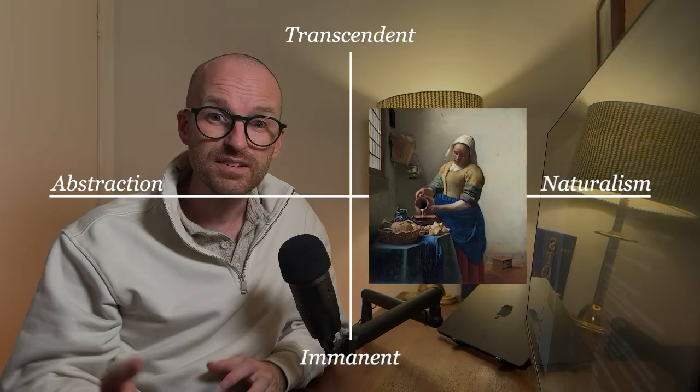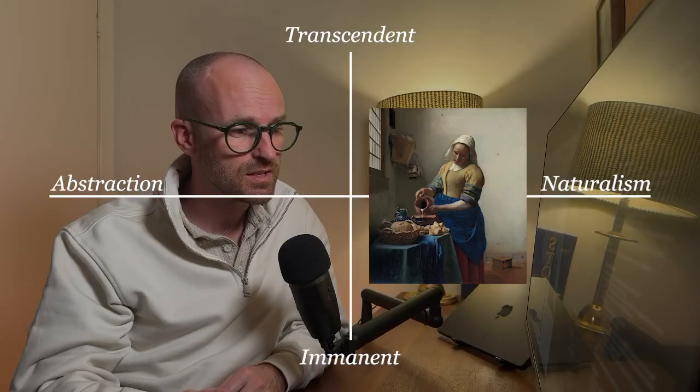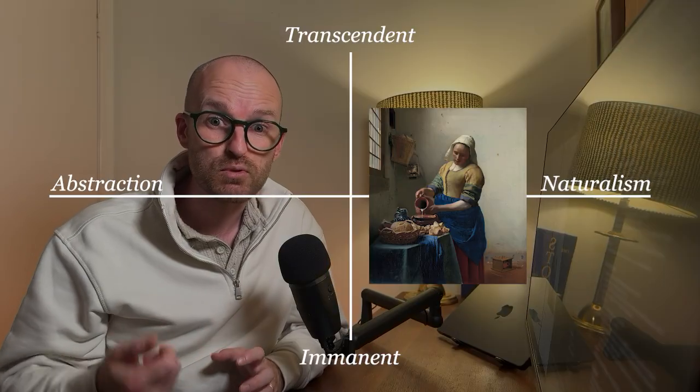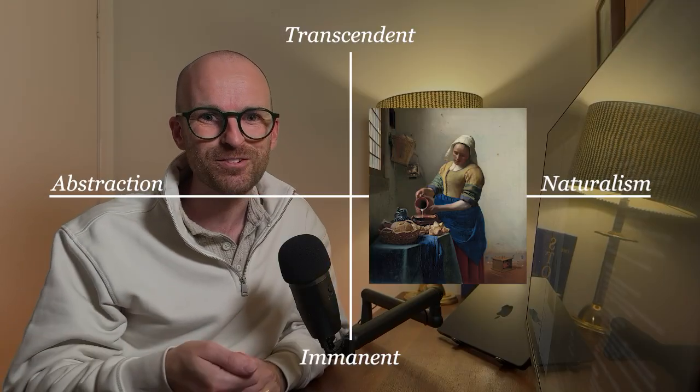What about Johannes Vermeer, the Dutch Golden Age? Here we're in 17th century Protestant Holland. And look at how earthy and gritty this is. This is naturalism at its best. You can still see the little nail on the wall. That suspended pouring of milk just has such realism. And is this transcendent or immanent? I think this is one of the greatest displays of just the beauty of everyday reality.